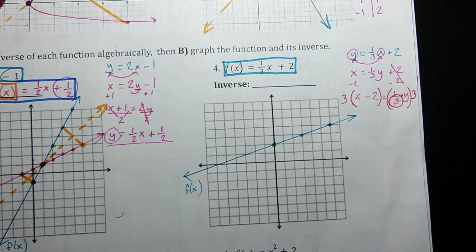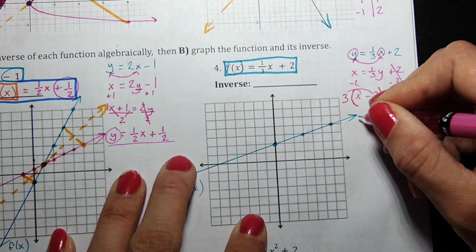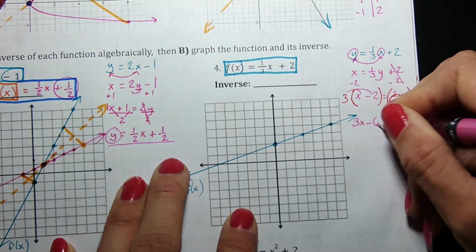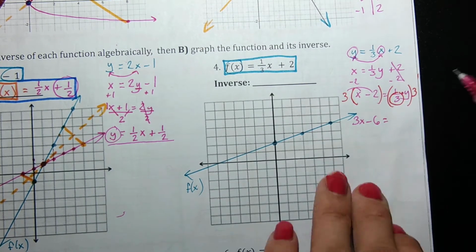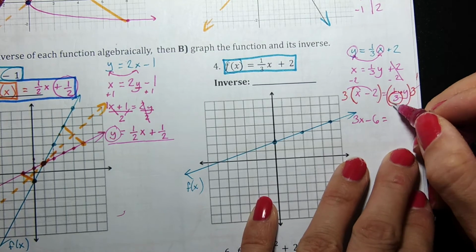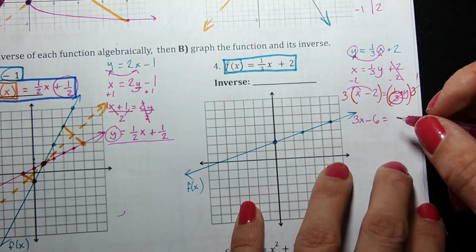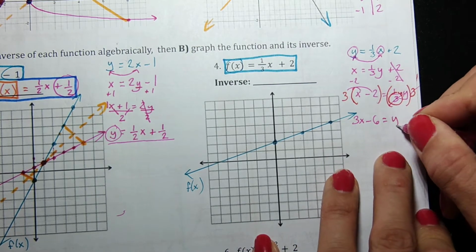So let's go ahead and distribute. So 3 times x is 3x, and 3 times negative 2 is negative 6. And then this is equal to, I wish I had more room over here. That multiplying by 3 cancels out the dividing by 3, and what are we left with? 1y or just a y?